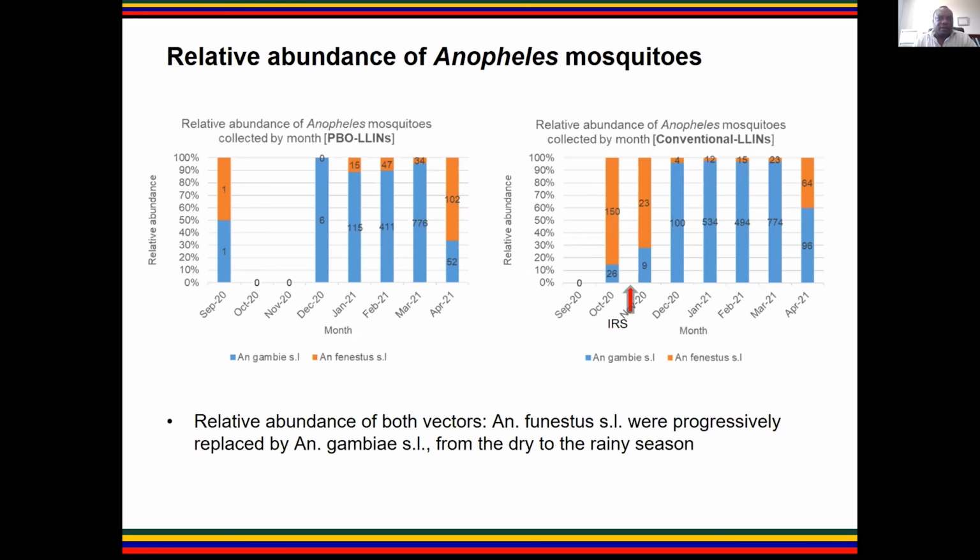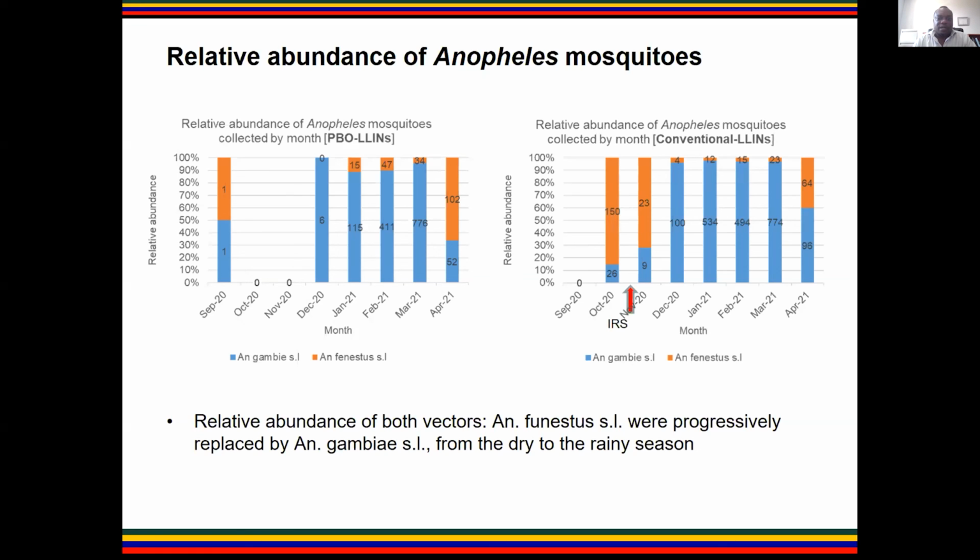We also looked at the relative abundance of these 2 different types of mosquitoes from the 2 sites. So looking at the site with the PBO nets and the site that originally had conventional bed nets but now had IRS introduced while we were doing our data collection, there was a relative abundance of both vectors in both sites, more in Namano during the dry season compared to Ntaja, where the PBO nets were.